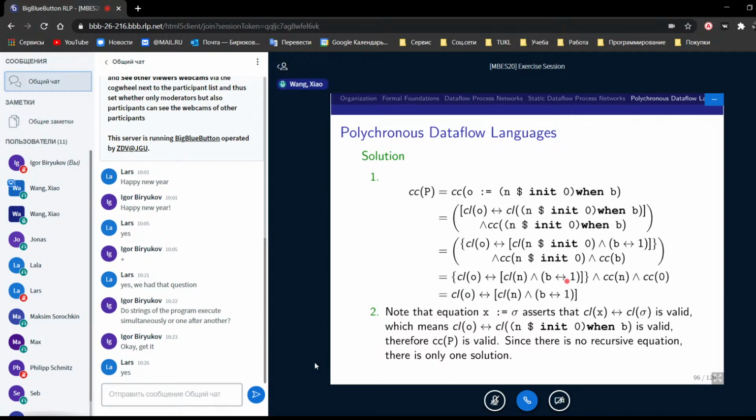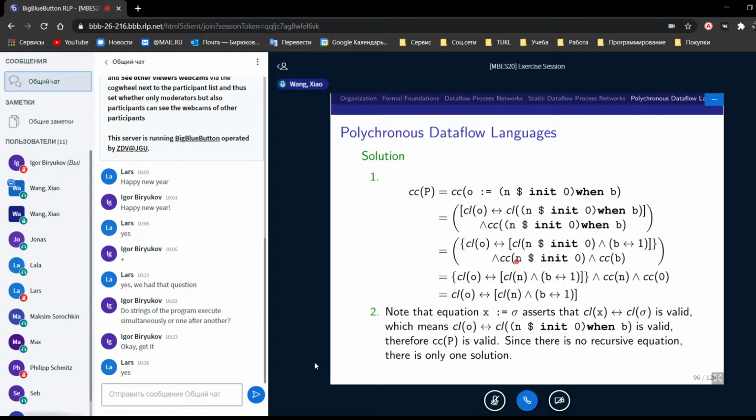And then we have this part here, because the clock of n init 0 is the clock of n. And here it's B, equivalent to 1. And here we have the same: this dollar init sign is not an arithmetic operator.